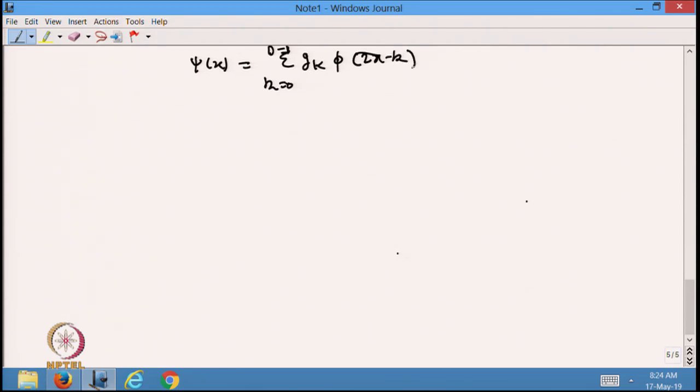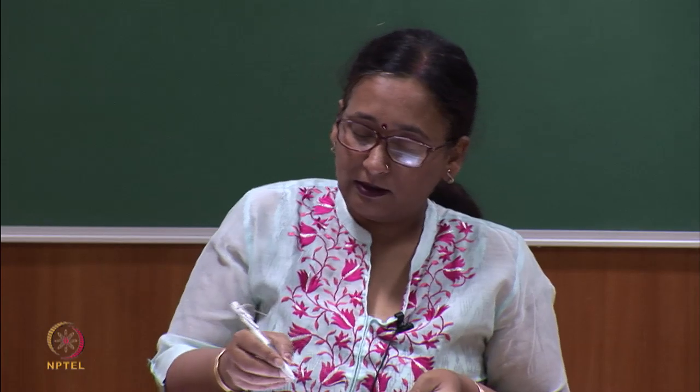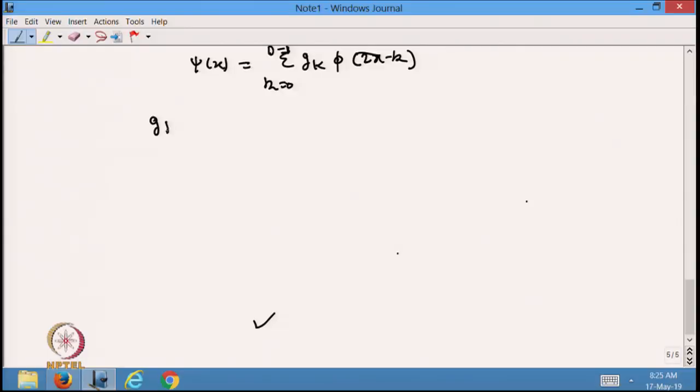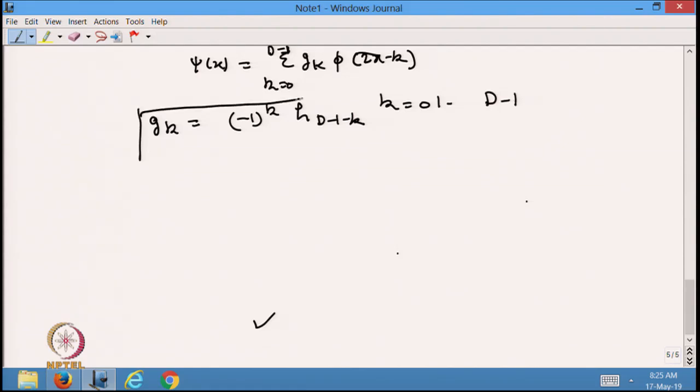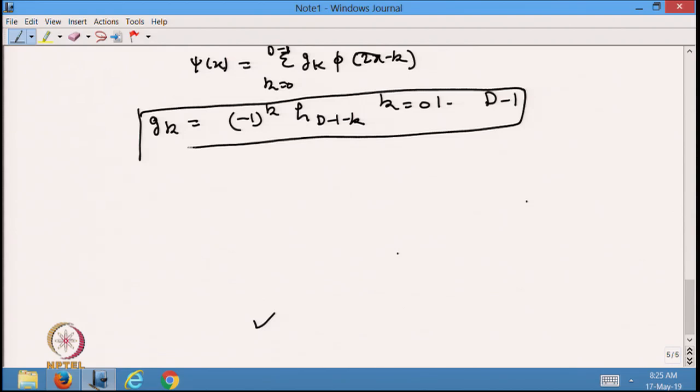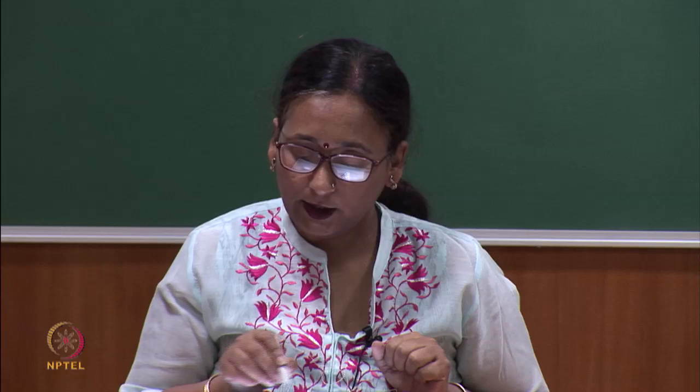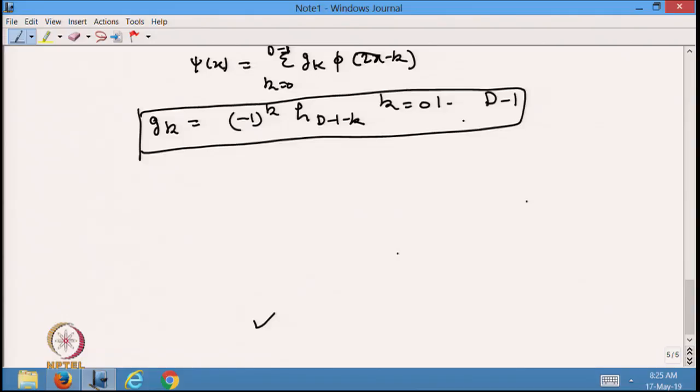Of course, as psi is related to phi, one could prove that these GKs and HKs are also related by the following relation, where k is from 0 to D minus 1, D is the order of the wavelet, or you could also call it the wavelet genus.